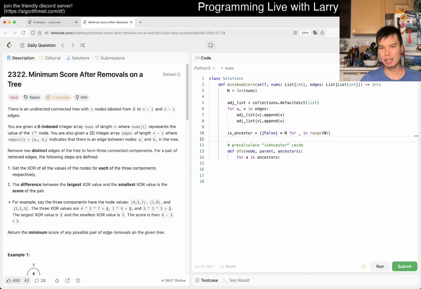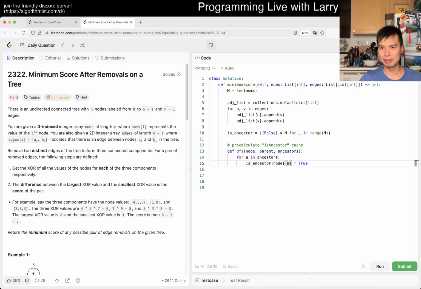And you can maybe say like a node should be its own ancestor, maybe. I don't know. Maybe it's not that interesting. We can figure it out later. We want to just say in ancestors of so node A is equal to true.